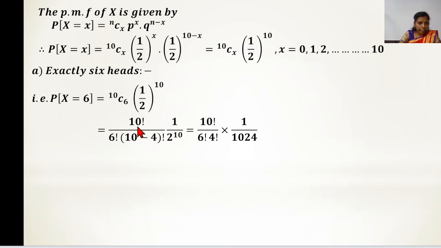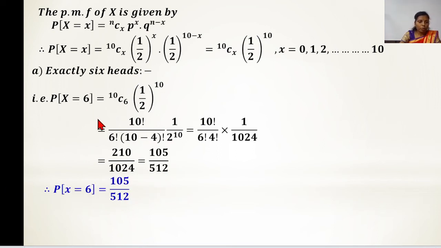Then it can be written as 10 factorial upon 6 factorial into (10 minus 6) factorial, that is 4 factorial, into 1 upon 1024. When we solve this term, we get 210 upon 1024, which is equal to 105 upon 512. Therefore, P(X = 6) is equal to 105 upon 512.